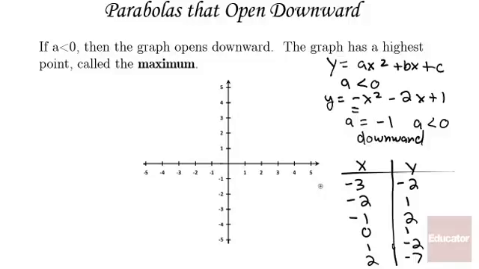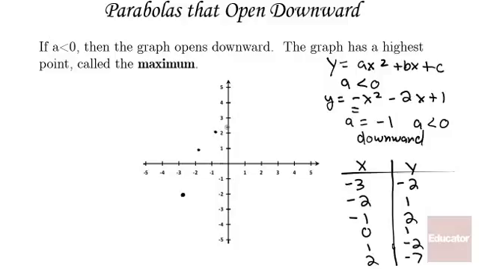Focusing on the graph, when x is -3, y is -2. When x is -2, y is going to be 1. When x is -1, y is 2.